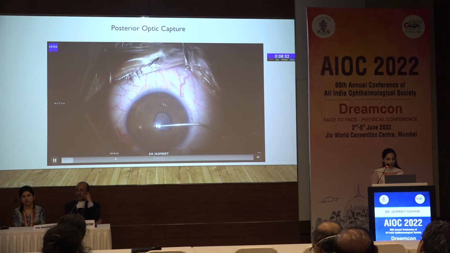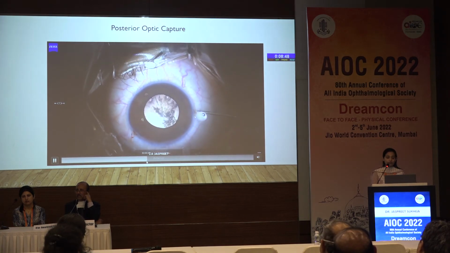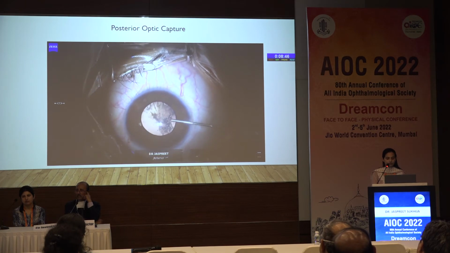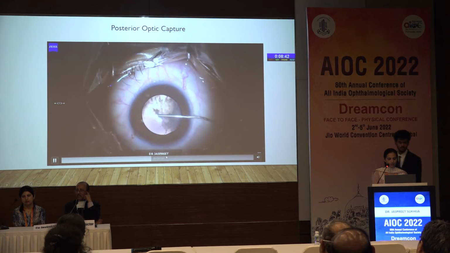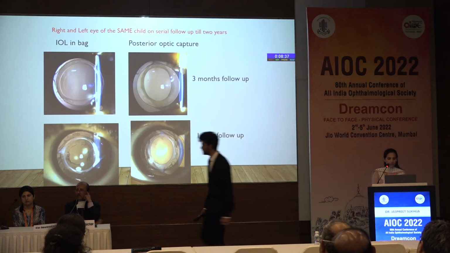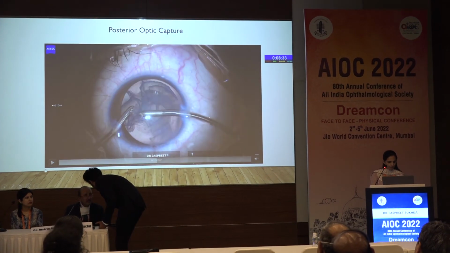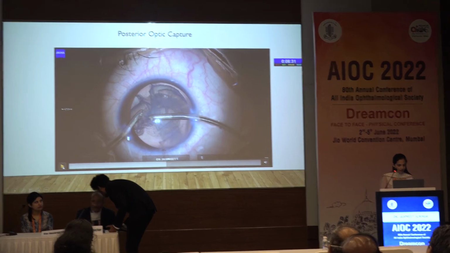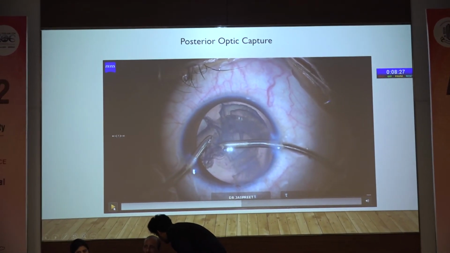So I would just skip a few steps because we have already seen that you have dilated the pupil intracamerally by using phenocaine. So, and you have done, somehow the video is not playing. Is it?